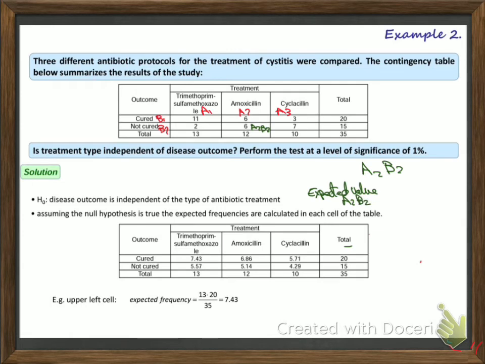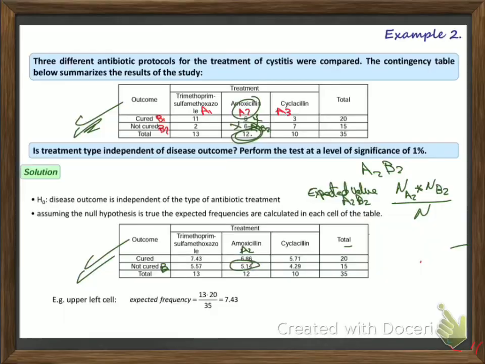Here these are the observed values, and we need to put here the expected values. So the example we will take now is A2, B2: this is our cell in the observed table, and here we have to get A2, B2 in the expected table.